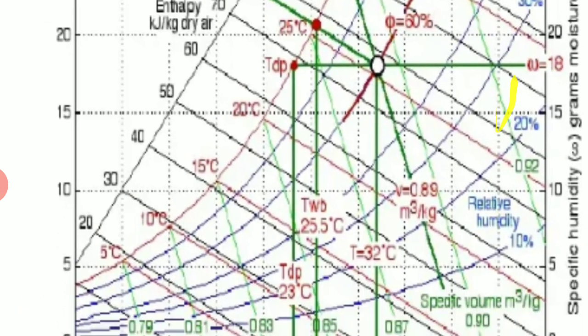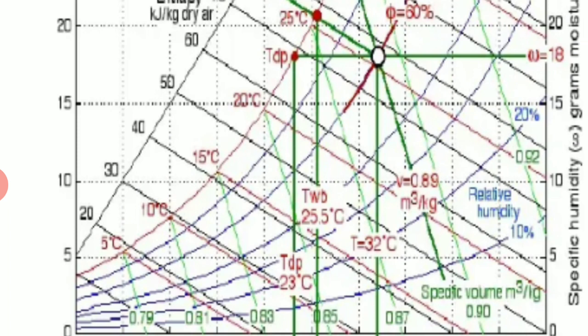That fixed point is located exactly in between 0.87 and 0.90. Those are called specific volume lines. They range through 0.7, 0.81, 0.83, 0.85, 0.87, 0.9 and 0.92 or 0.95 also. My fixed point lies in between 0.87 and 0.9, and it is nearer to 0.9.